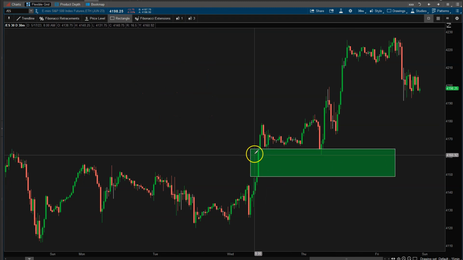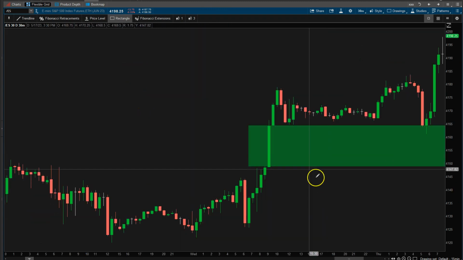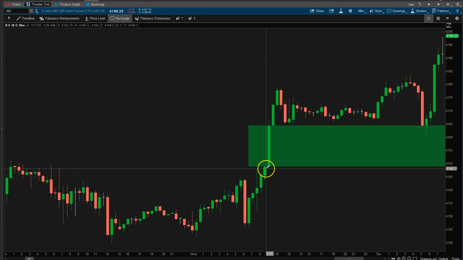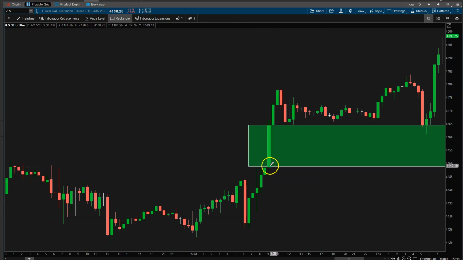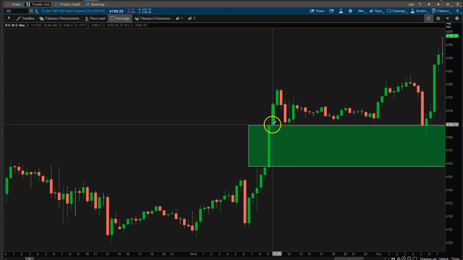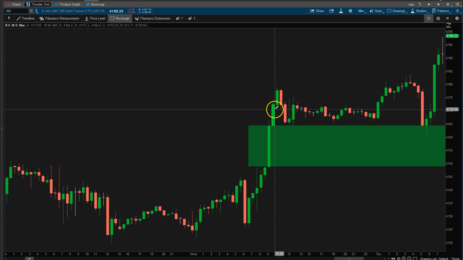So right here, if we zoom in, we have a 1, 2, 3 candle pattern, and you see a small candle, a takeoff, where we open, go straight up, and close right near the highs, and then we have another candle.